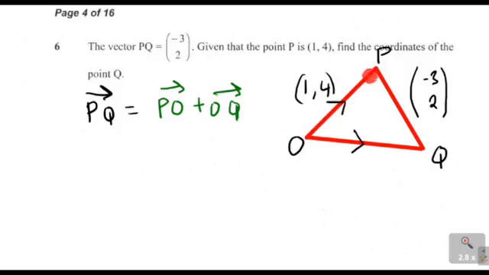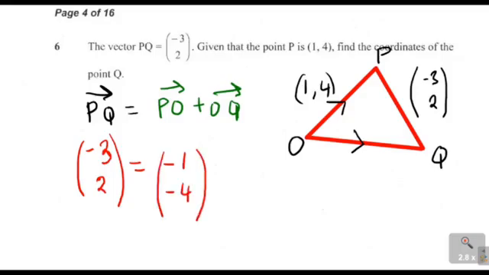It was OP, now it's PO, against the direction, meaning that we are going to multiply this vector with a negative. So we write PQ, the column vector negative 3 and 2, equal to PO, which will be negative 1 and negative 4 because it's against the direction, then plus OQ. You just write OQ because it's what you want, you don't have.